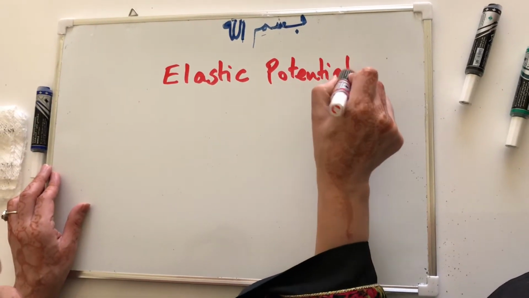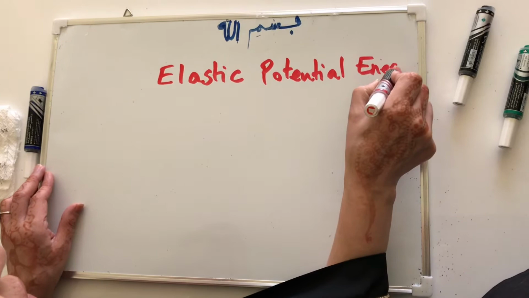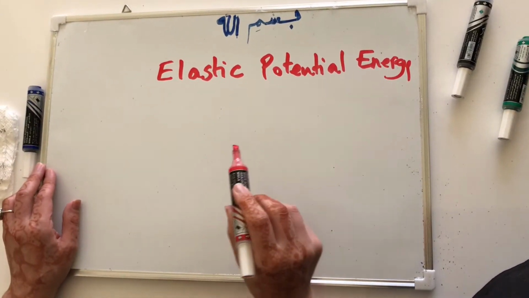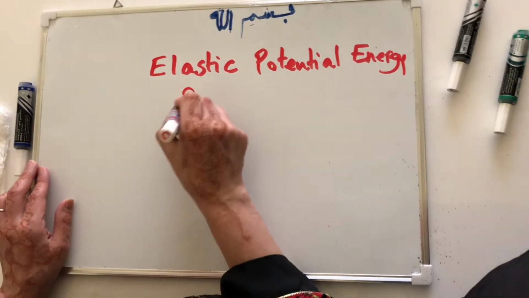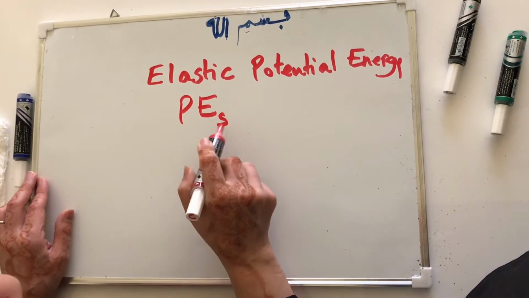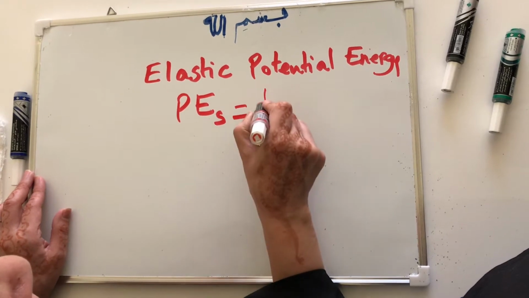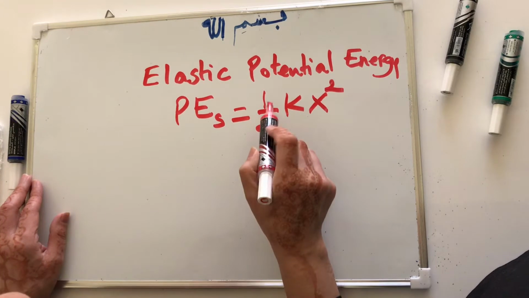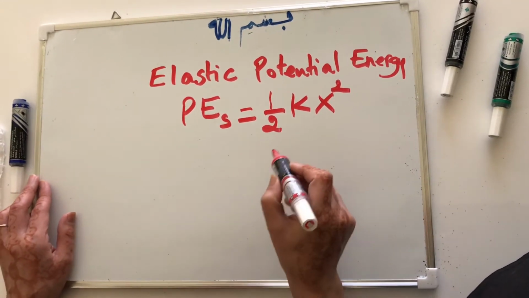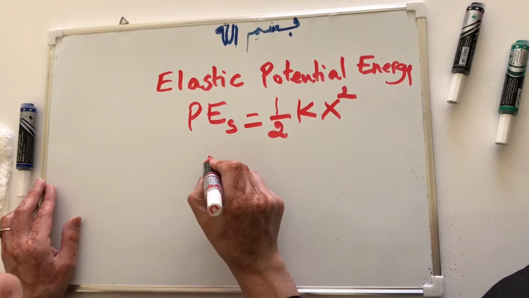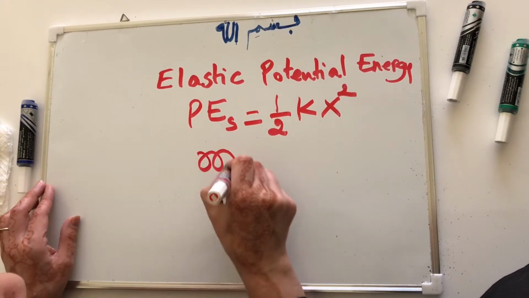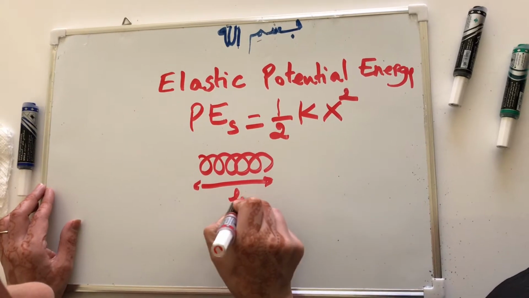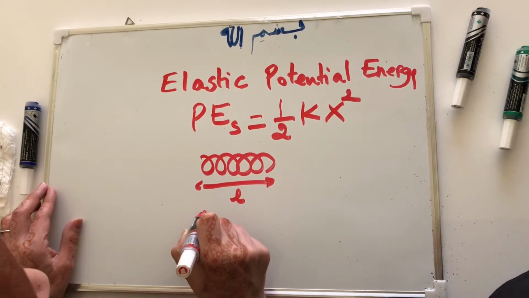Its formula is very similar to the formula of kinetic energy in that it has a half and it has something squared. So potential elastic energy, S for elastic, is half k x squared. This is a spring, this is its length at the beginning, and then I'm going to compress it.